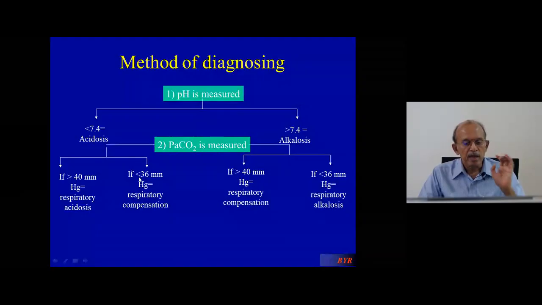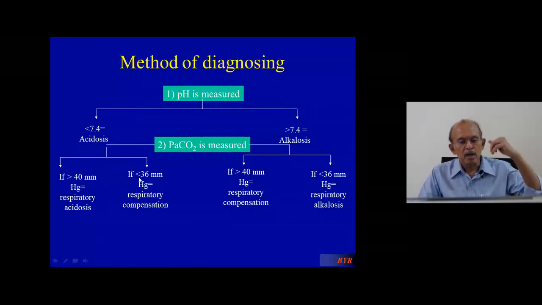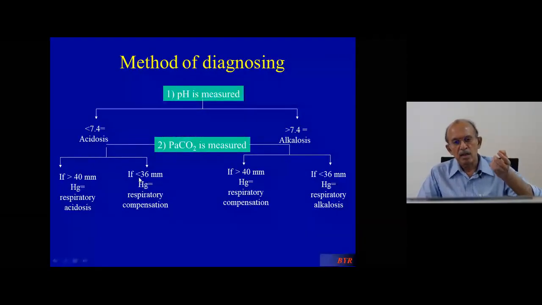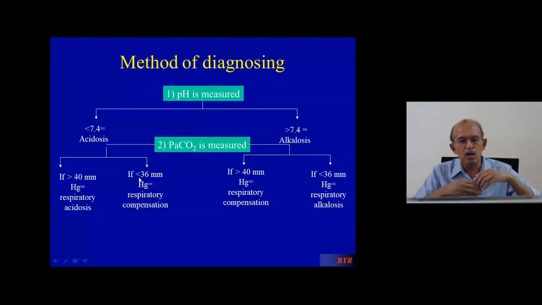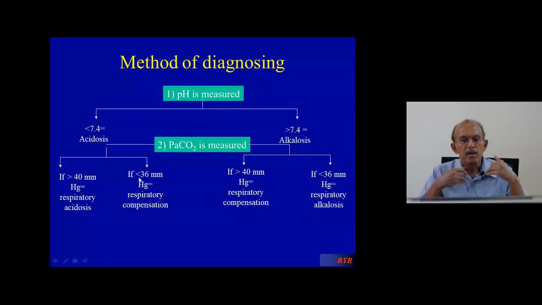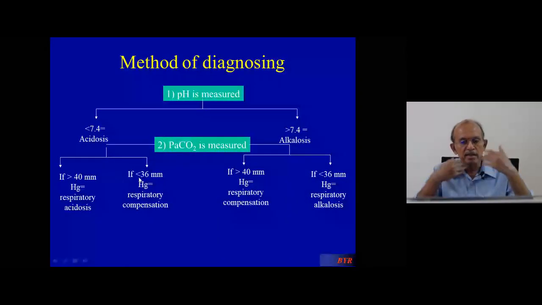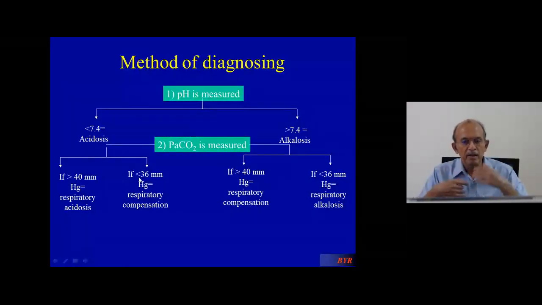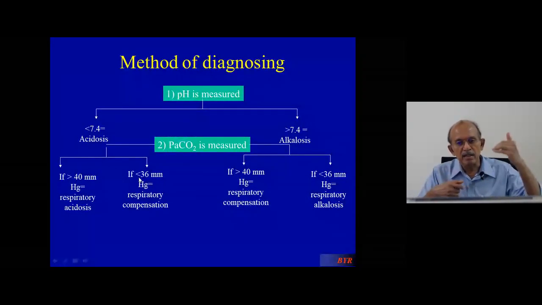Then why is it less than 36? Because the patient is having acidosis. It wants to excrete more acid outside. How can it excrete acid? By exhaling more carbon dioxide. So carbon dioxide is being exhaled and that has produced a reduction in the carbon dioxide level.